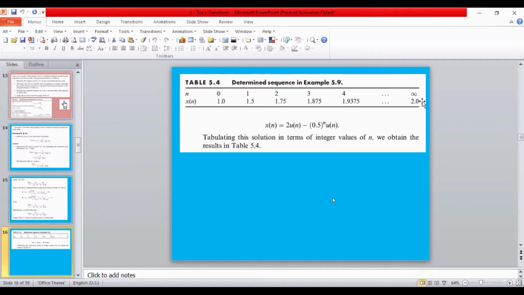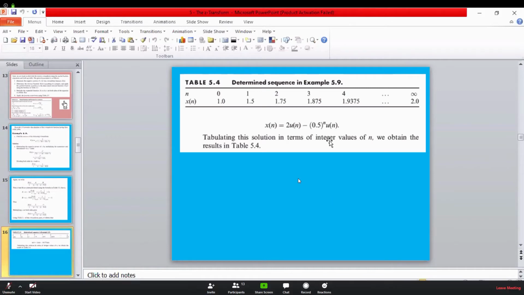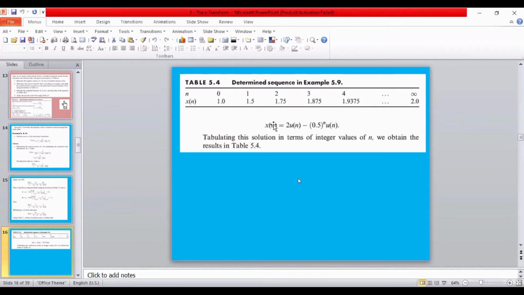And of course, if you place infinity instead of n, so a fraction raised to the power of infinity will turn to 0, because we raise a fraction to a very large number. It will gradually turn to 0. So basically our final solution will go to 2, because this is the part which never changes. 2 times 1, 2 times 1.